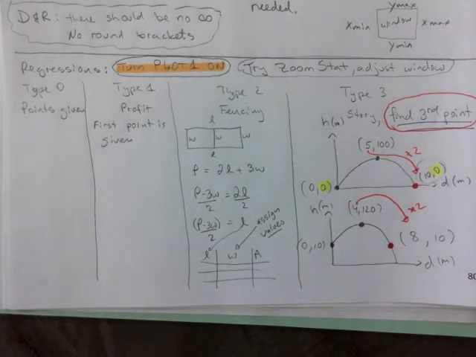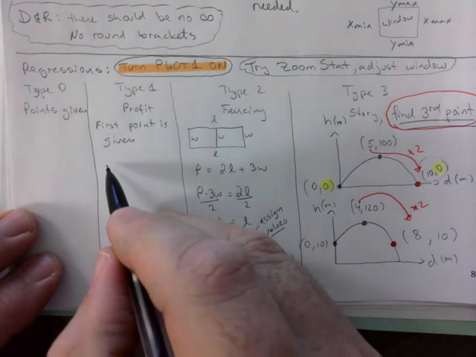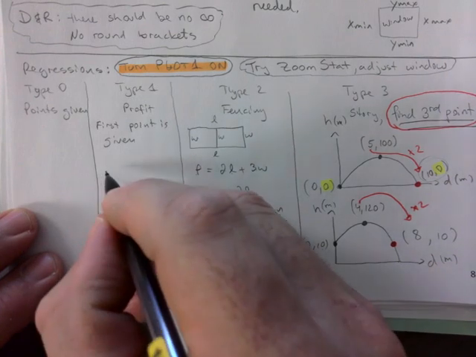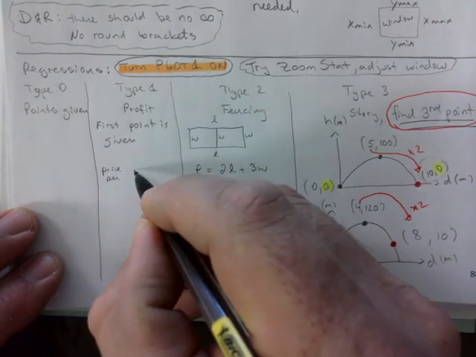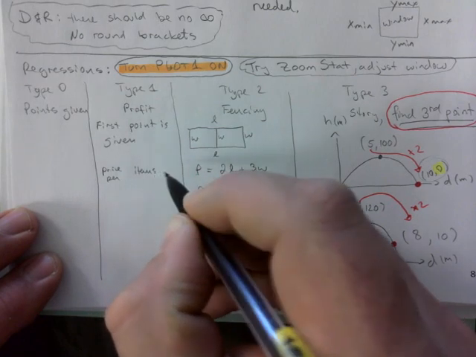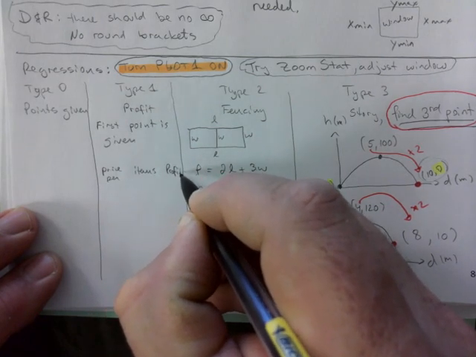Right? And when you touch one, it changes the other, so there's an inverse relationship. One has to go down, the other one goes up, right? So this would be price per item, this would be items, and this is profit.